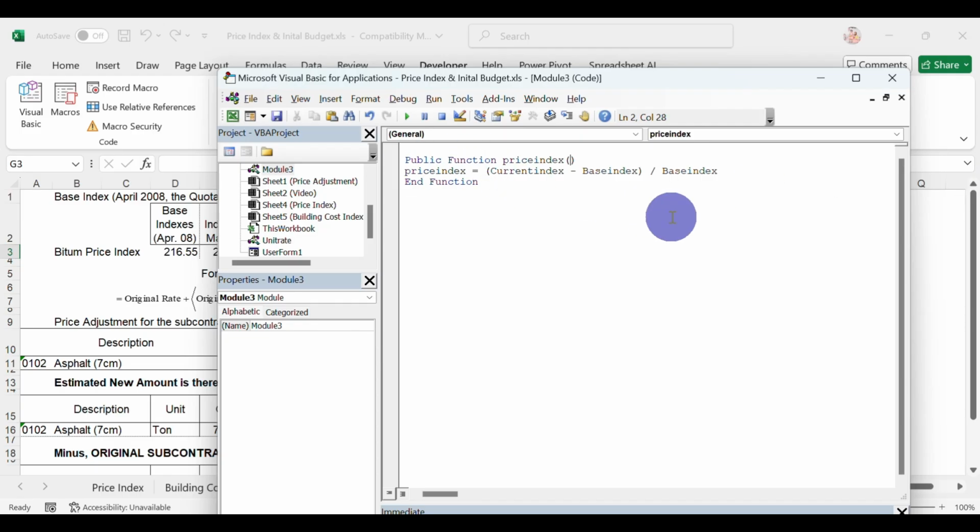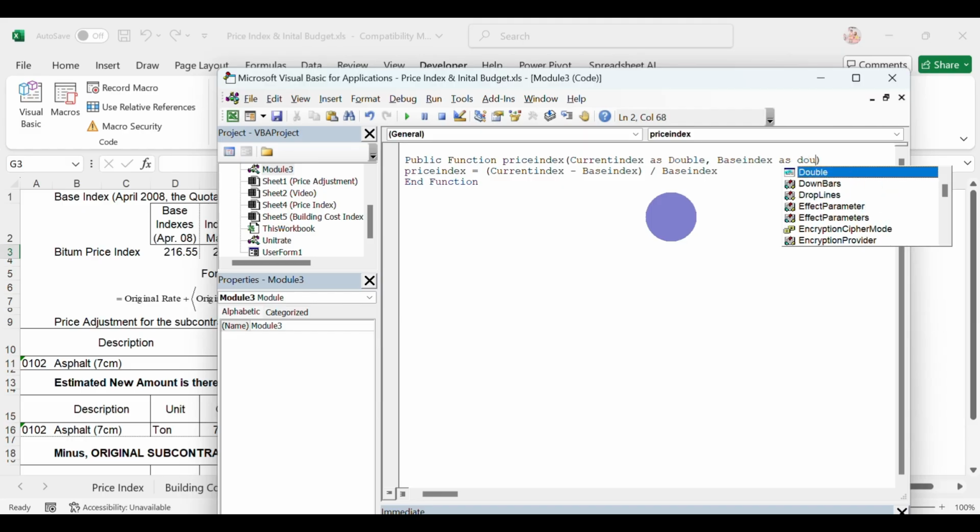Here the current index as Double, meaning a number, and comma, base index as Double again.